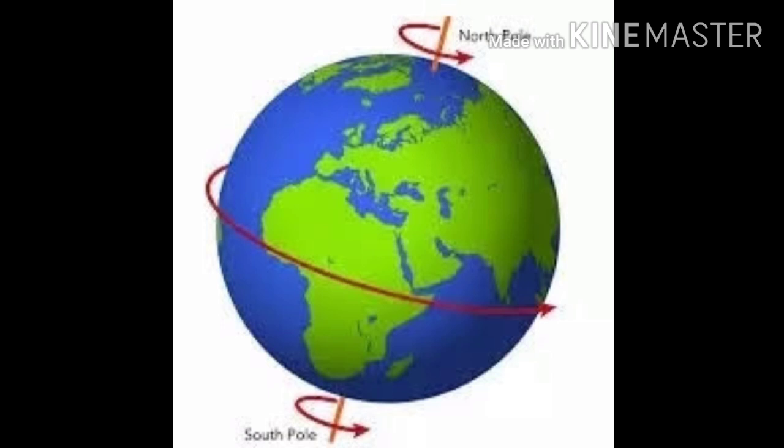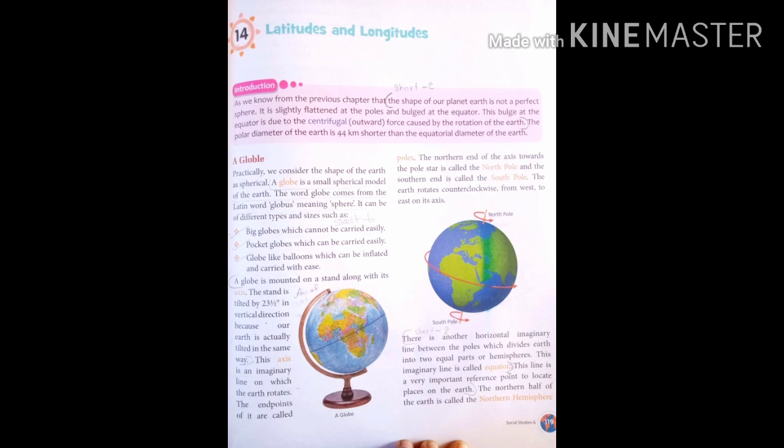You can see the image also. The earth rotates just like our clock rotates, in the same way. Earth rotates from west to east on its axis on a fixed point.